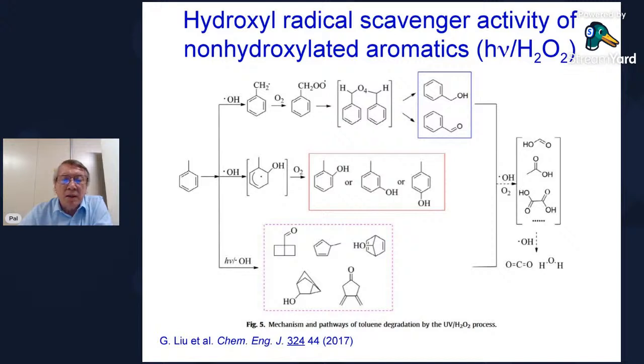Here is a chart showing the primary products, I mean the ortho ring substituted derivatives, plus the carbon-centered methylene radicals, which can further react with molecular oxygen, resulting in a variety of decomposition products listed in this chart.